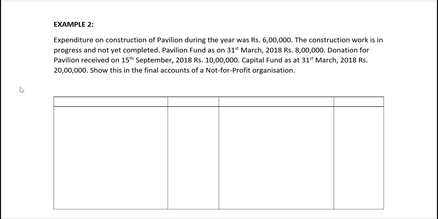So let's go ahead with the solution. There is a pavilion fund with donations as well as expenditure from the fund. It needs to be shown in the liability side of the balance sheet. We'll prepare the balance sheet as on 31st March 2019, the close of the accounting period.